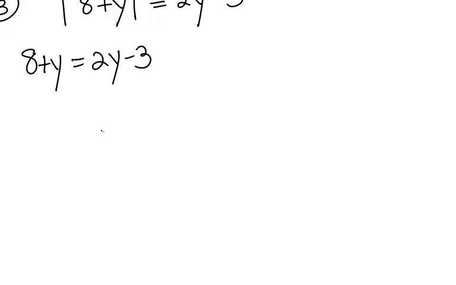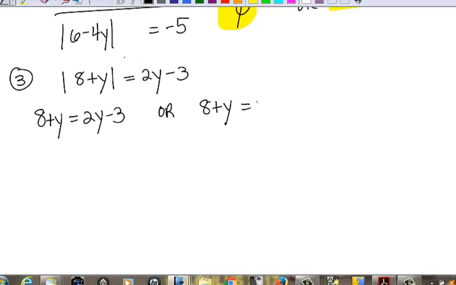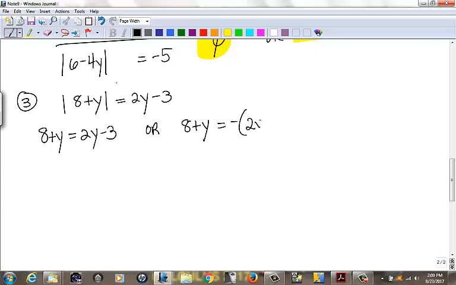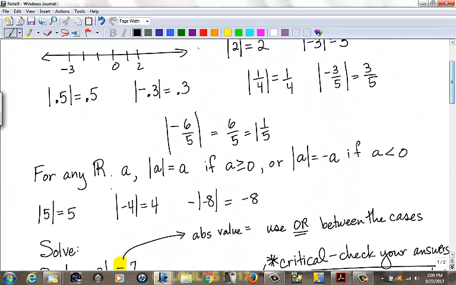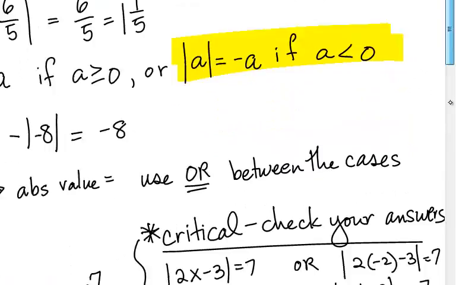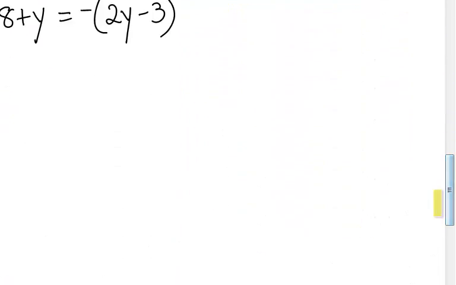That's one case. Or you take what's inside the absolute value, and then take the opposite of what's on the outside. Basically, I'm using this part of the definition when I'm taking the opposite of what's on the outside.